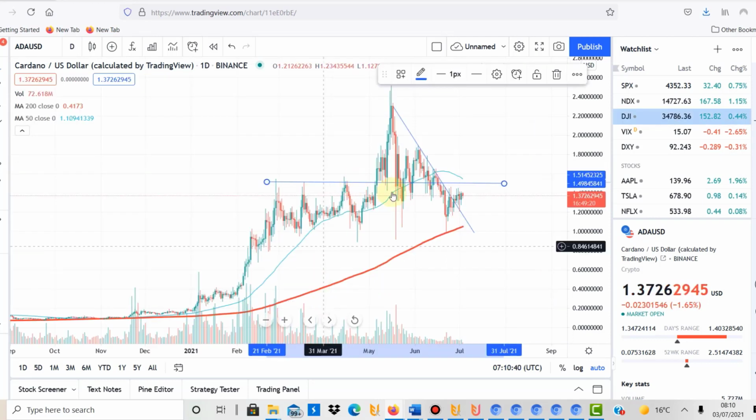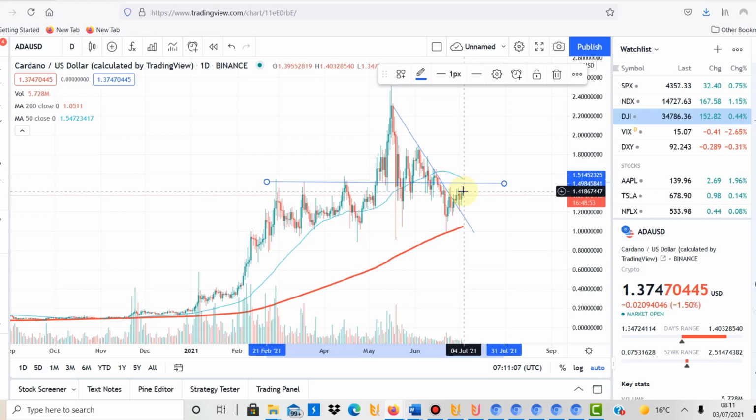Because this indicates a rather negative development of the price, at least in the short term, I personally think that Cardano or ADA will recover slightly, possibly going up to this 50-day moving average here, which is around this important resistance level of 1.50.